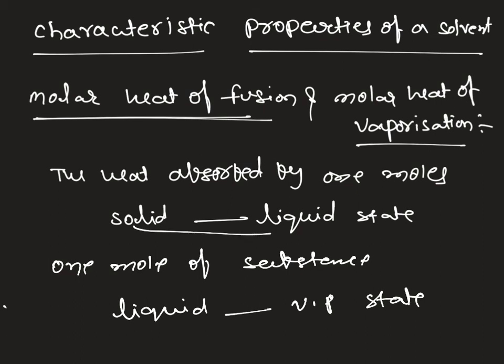Here we are converting solid into liquid, that's what we call fusion. So the heat absorbed by 1 mole comes under molar heat of fusion, or 1 mole of the substance converting from liquid into vapor state by absorbing heat, that we call molar heat of vaporization. What information do we get from molar heat of fusion and molar heat of vaporization with respect to the solvent? It tells us the nature or strength of the intermolecular attraction forces present between the molecules in the solid or liquid state.